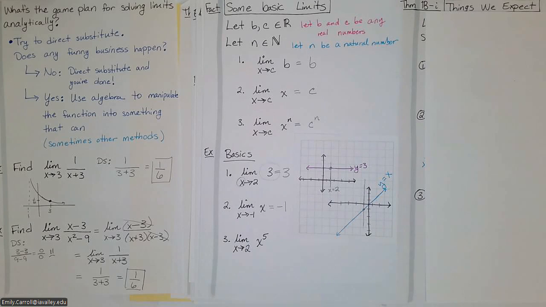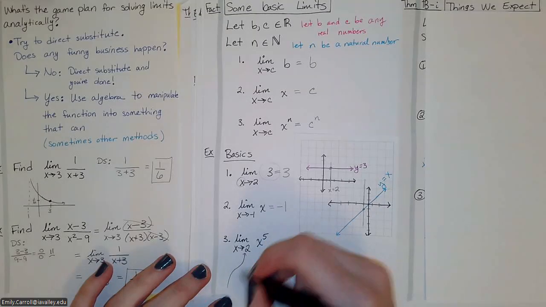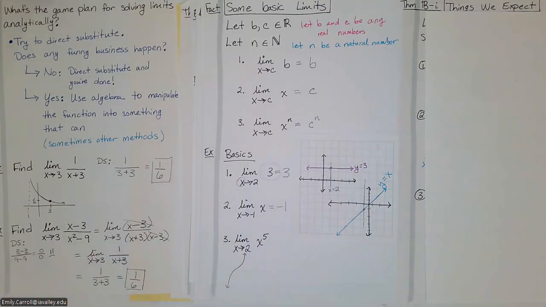How about the limit as x approaches 2 of x to the 5th? I didn't draw a graph of this one, but you can picture it's going to be shaped something like that. And it's very, very steep. It increases very, very fast. But x to the 5th can be evaluated at any number you want, any number that you can think of. It could be evaluated at pi plus e plus square root of 2, for all I care.